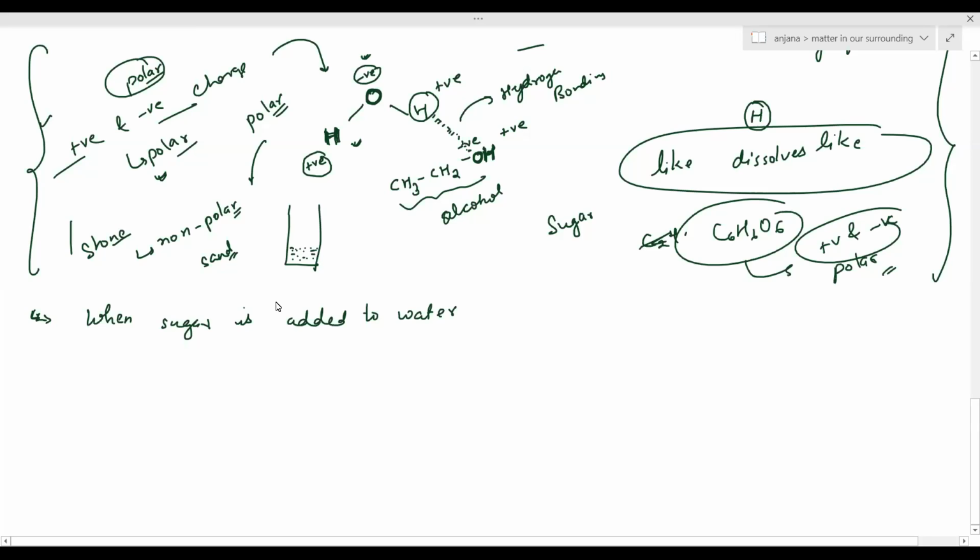Okay, so write down, when sugar is added to water and stirred, it dissolves quickly.